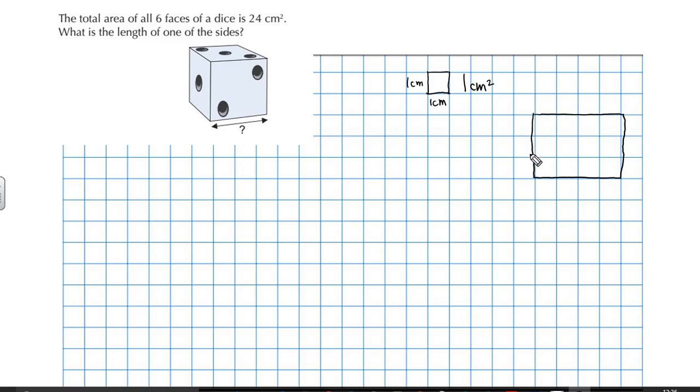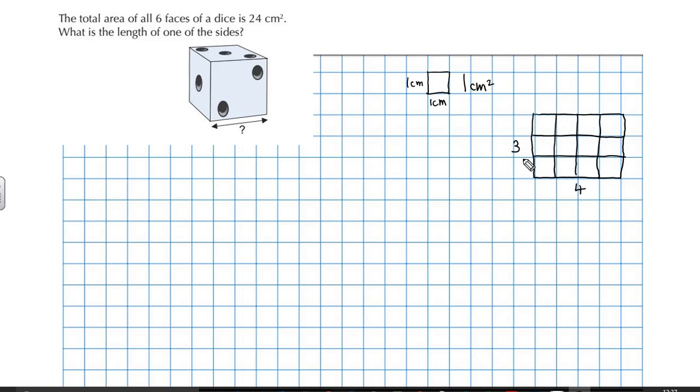This is 1, 2, 3, 4. And I want to find out how many of these squares would fit in. Well, let's divide this up: 1, 2, 3, 4. We have 3 rows of 4.